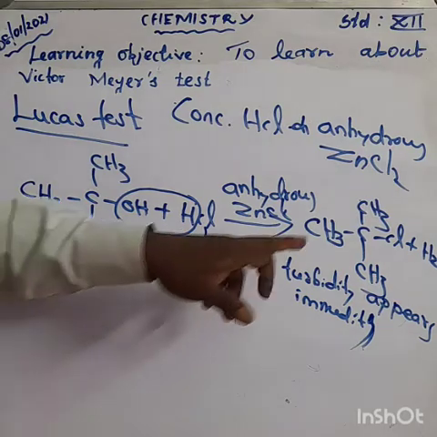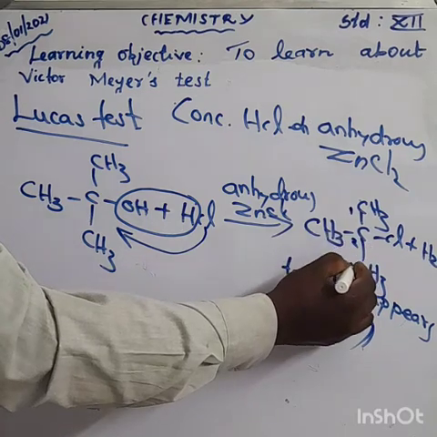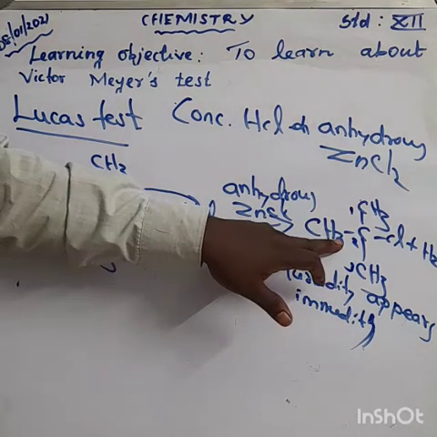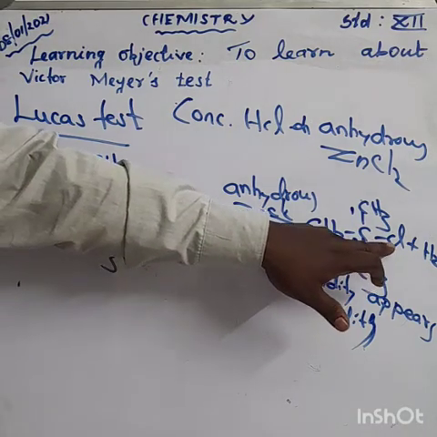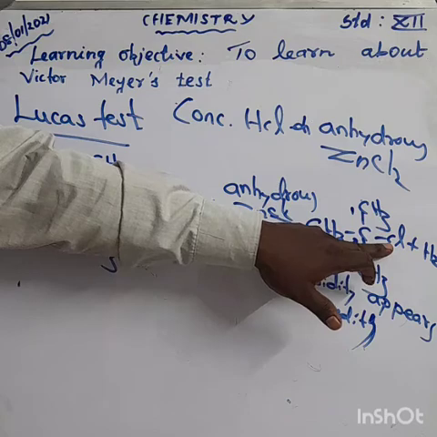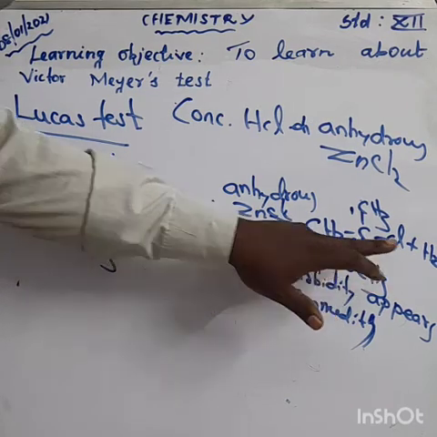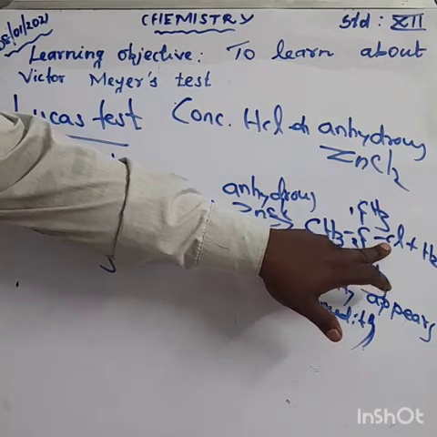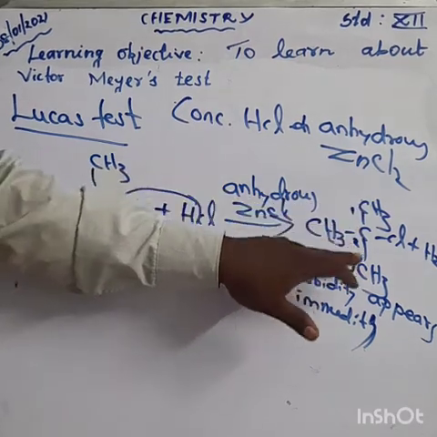What's the name of the compound? Can you say? As per the numbering 1, 2, 3, the second carbon has a methyl and also has the chlorine. As per priority, we give priority to chlorine, a halogen substituent. So we give 2-chloro, 2-methyl propane.